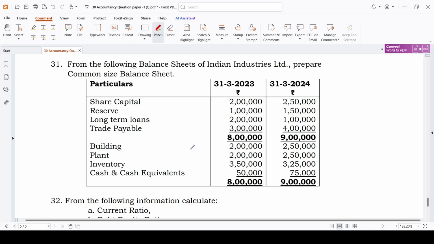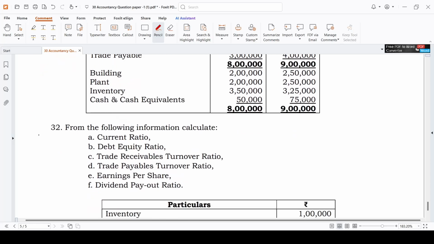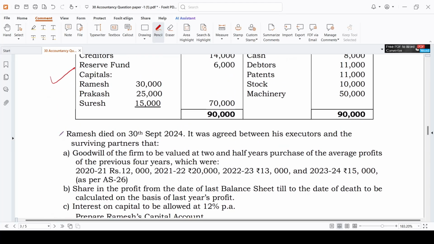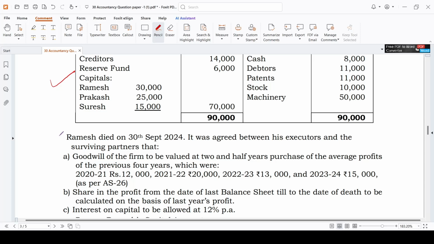In the balance sheet, here they have asked you the common size balance sheet. You prepare with this common size balance sheet also. It is simple. And ratios, no need to worry. Ratios, don't worry.